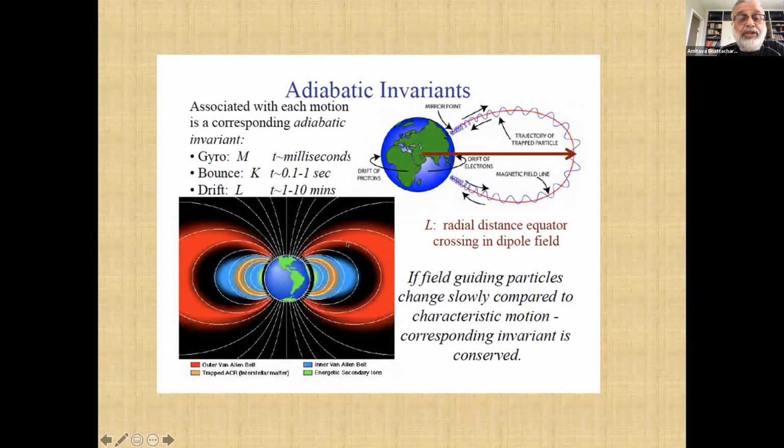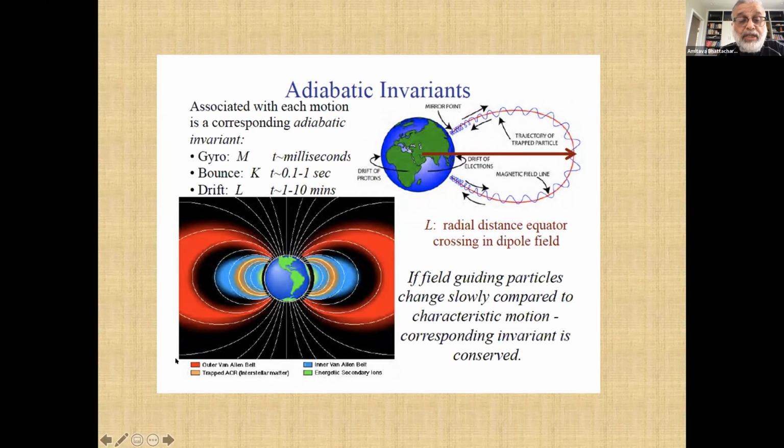The classic picture of radiation belts is that there is an outer Van Allen belt that you see here, and then there is an inner radiation belt separated by slot regions between these where no such belt particles exist.